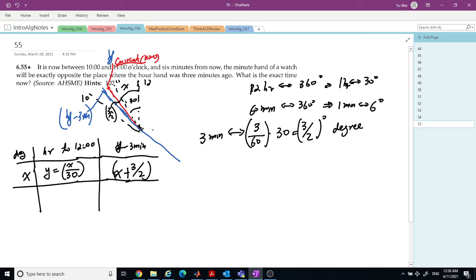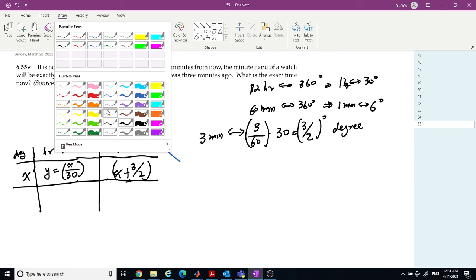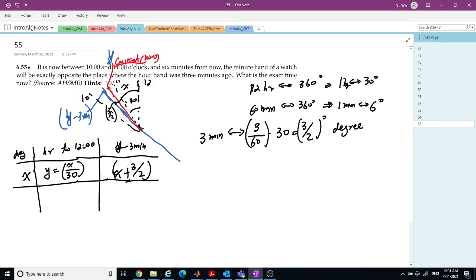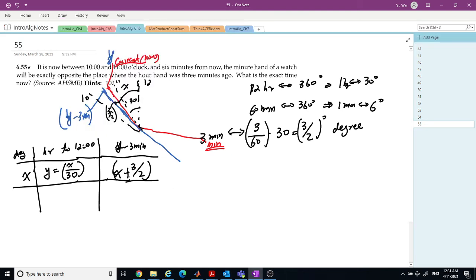Now we need to calculate what the minute hand is at that time. Oh, hold on. We also have a minute hand here.